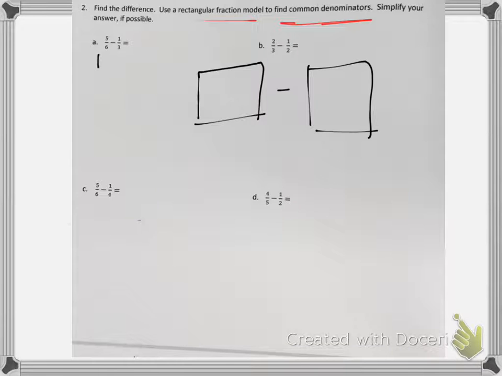Sorry, let me rewrite this answer over here. So 2/3, 1, 2. We have 2 parts. Let me shade these. And then we have 1/2. Shade with this. So 1/2.